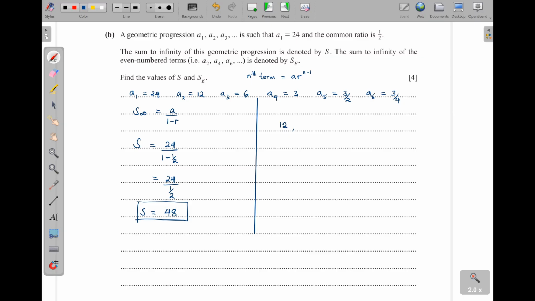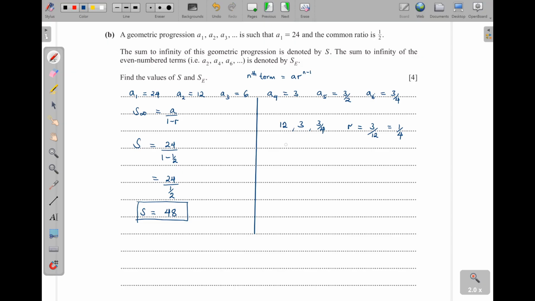Then the next one is A4, which is 3. The next one is going to be A6, which is 3 over 4. Then the common ratio is going to be, I can get the 3, then divide by the 12. This one will give me a quarter. Or I can get this one, divide by 3. You still get a quarter.